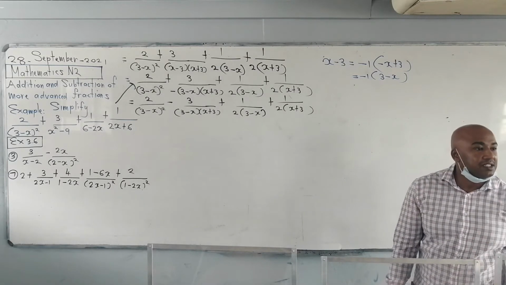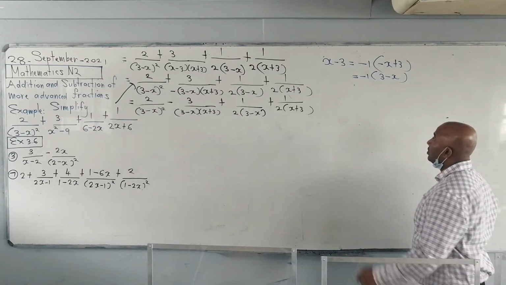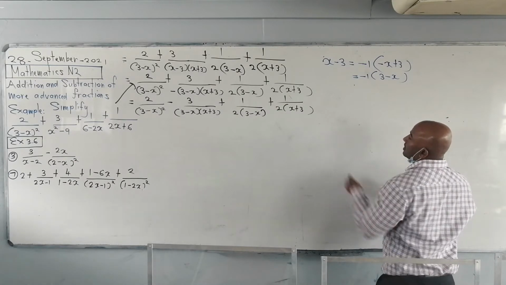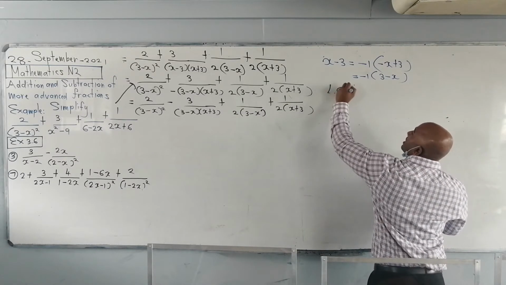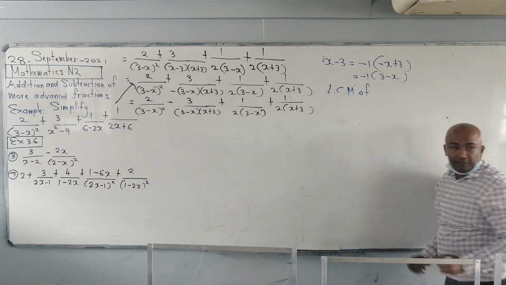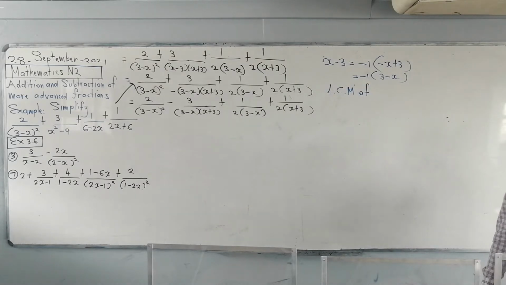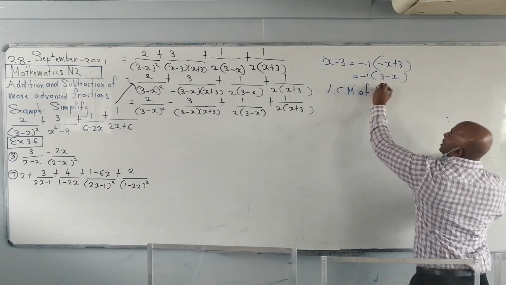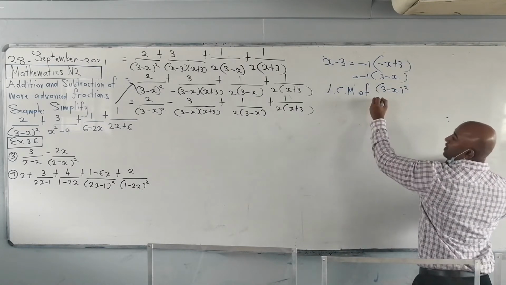Now watch the LCM here. Alright, so now let's write that down. The lowest common multiple of the denominators. Now the lowest common multiple of, let's start with the first one, which is 3 minus x all squared.